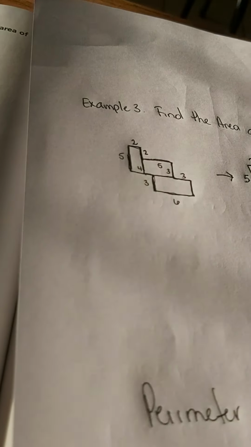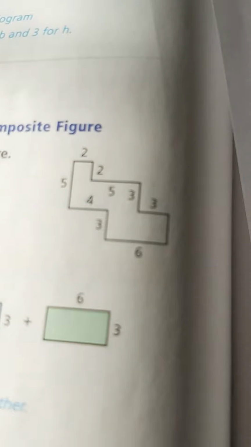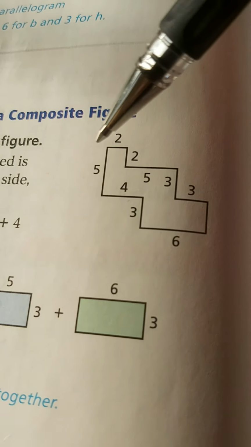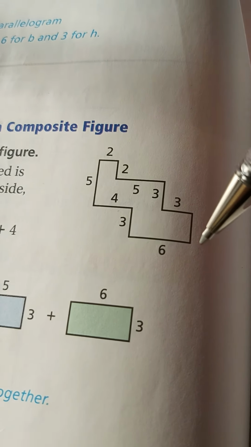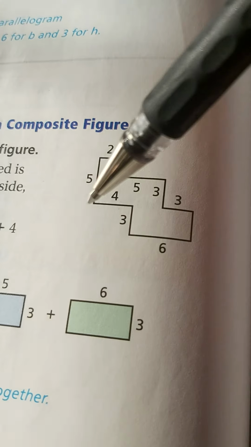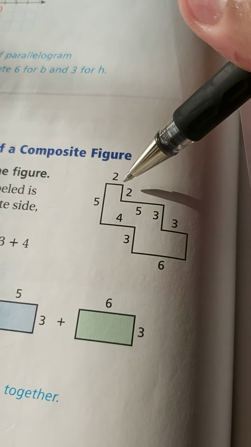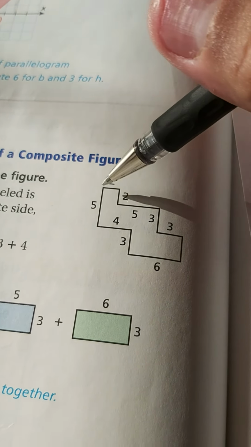So if we go back to our composite figure. So we have how many sides? 1, 2, 3, 4, 5, 6, 7, 8, 9, 10, 11 sides in total. Let's count it again. 1, 2, 3, 4, 5, 6, 7, 8, 9, 10. 10 sides, sorry. 10 sides in total.